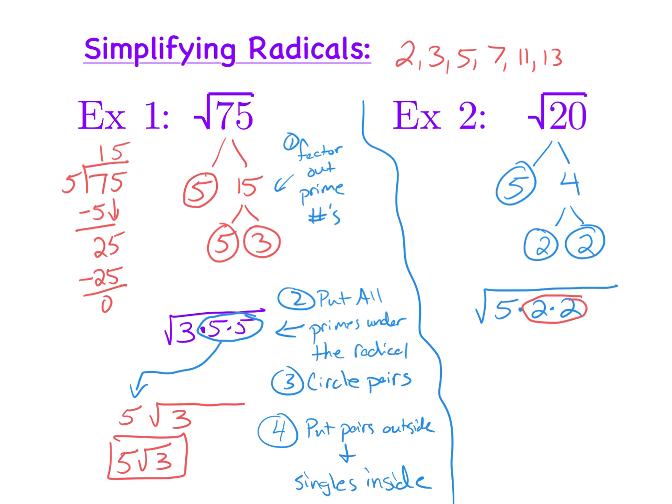So what do the pairs do? They leave the house, right? So they leave the house as how many? As 1. So those 2 2s become just a single 2 outside. And then what goes inside the box? 5.